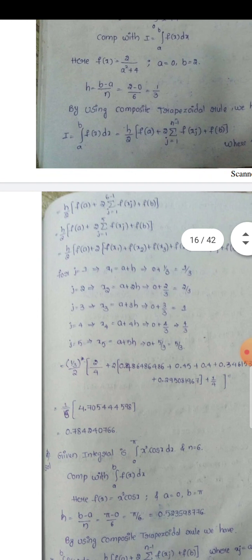After simplifying we get the value equal to 1 by 6 into 4.705445 equals 0.784240.